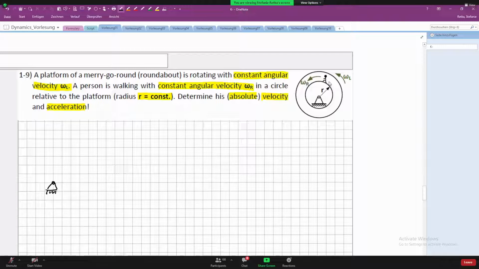We draw this hinge support, and then our person, and this is R. And then we draw one figure for the velocities and one for the accelerations. Okay, like this.